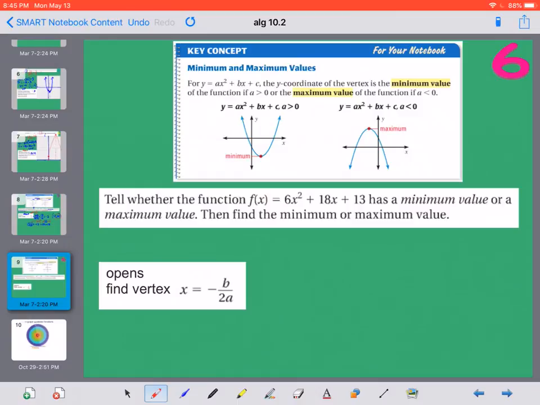Alright, next one and last one. So tell whether the function f of x equals 6x squared plus 18x plus 13. Well, if we look at our a is 6. That means it's greater than 0. It also means it's going to open up, which means we have a minimum.